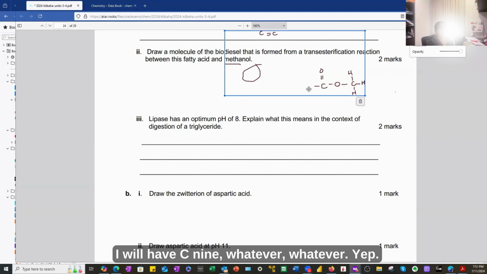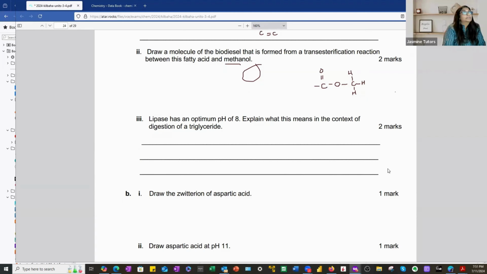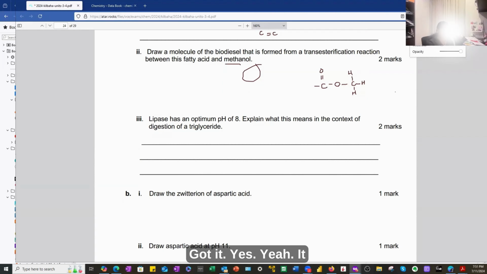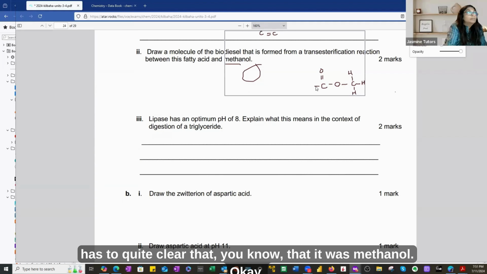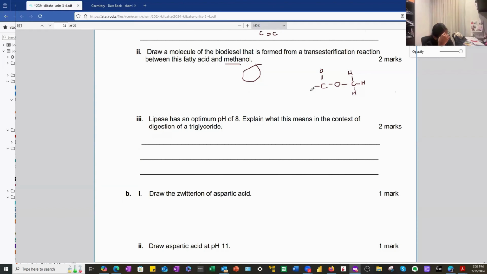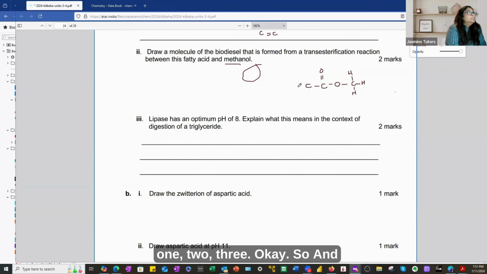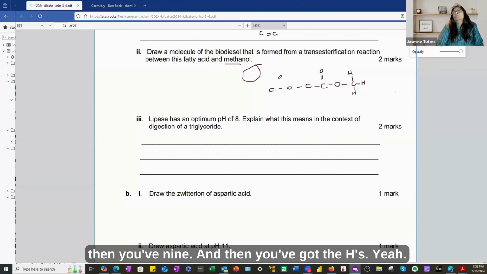So I will have C9, whatever. It has to be quite clear that you know that it was methanol. C, and then 1, 2, 3, 4, and then you got 9, and then you got all the H's.